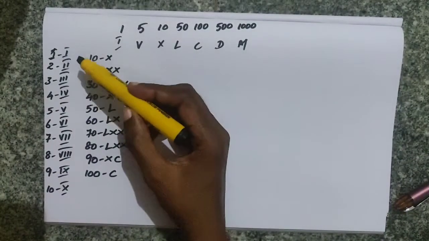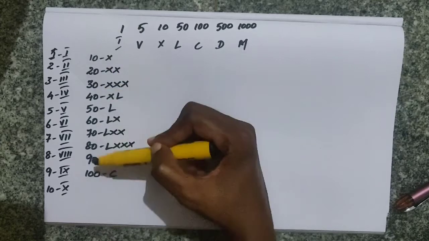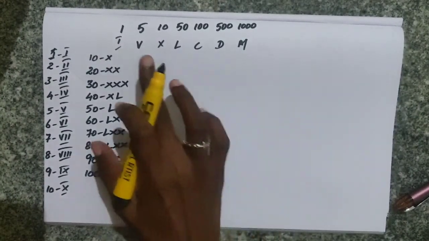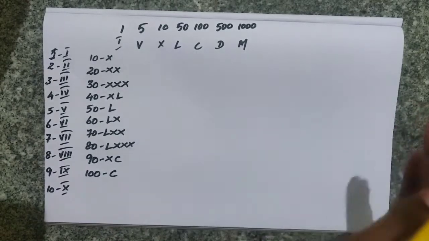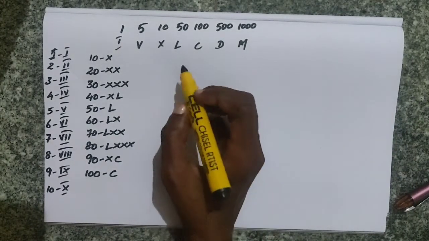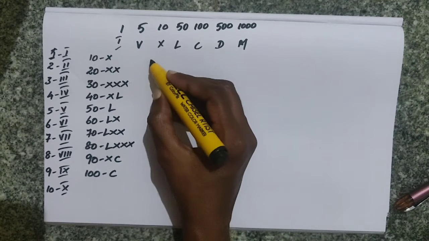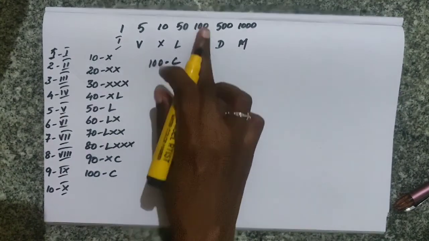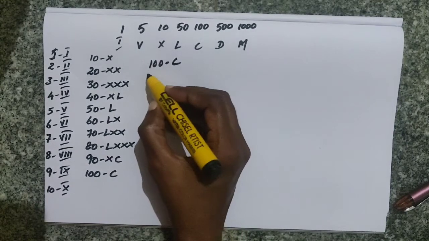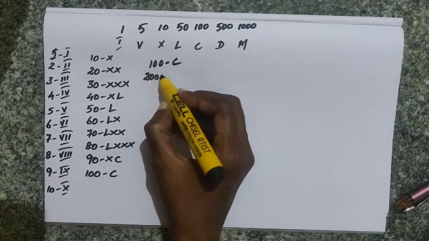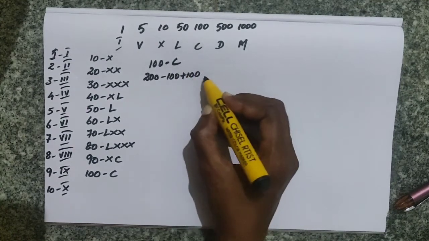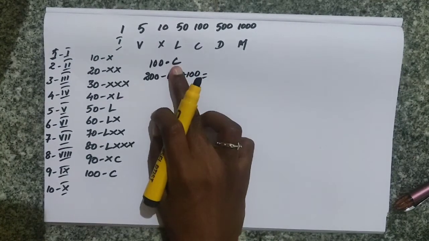We have learned from 1 to 10, and again 10 to 100. So now, especially for class 4, I want to teach you how to write from 100 to 1000. For 100 you know it is C. For 200 it is 100 plus 100, so you are repeating 100 two times.